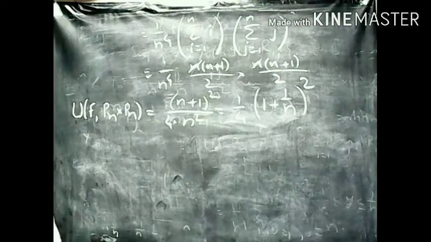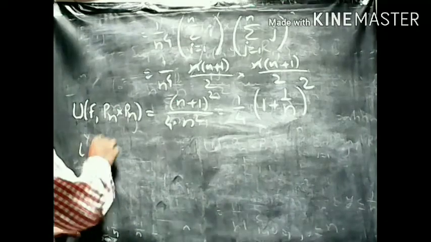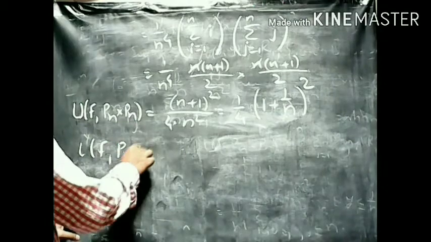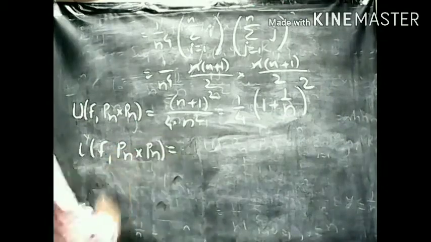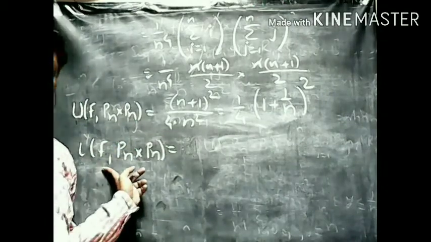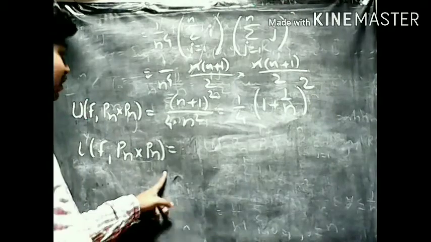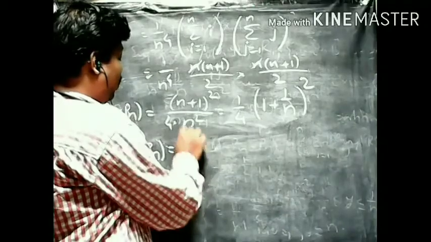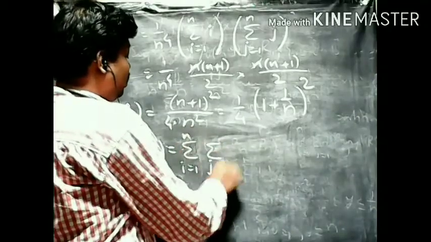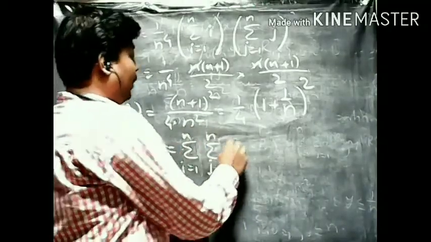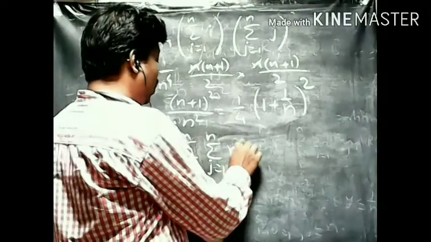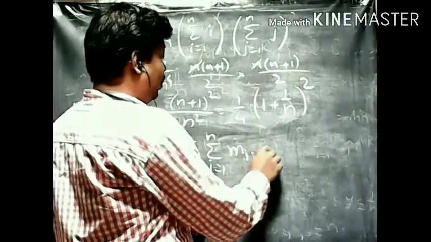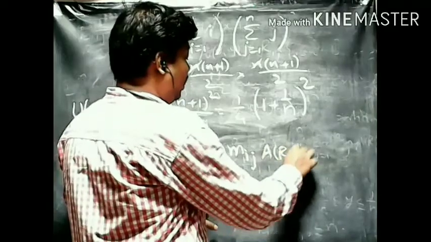Similarly, we can check that L(f, Pn cross Pn), the lower Riemann sum for the function f with respect to the partition Pn cross Pn, is equal to, by definition, summation i from 1 to n, summation j from 1 to n, small mij into area of Rij.